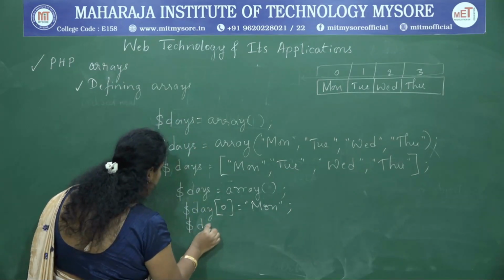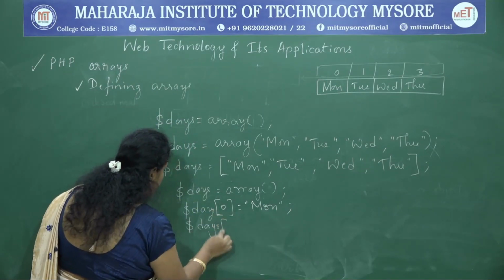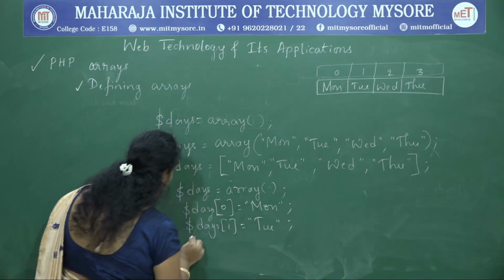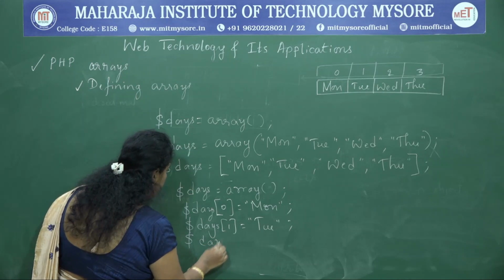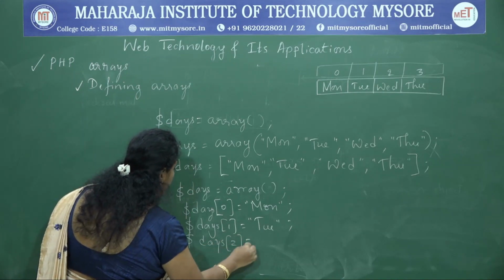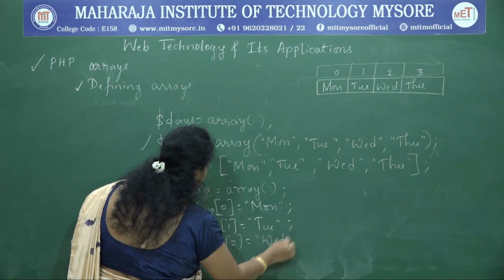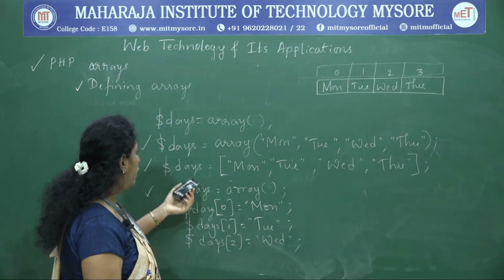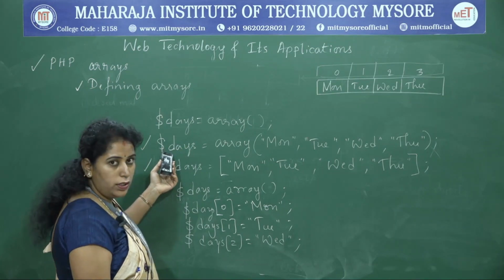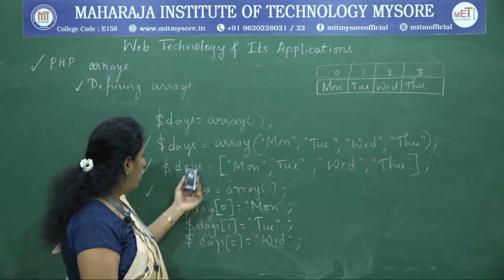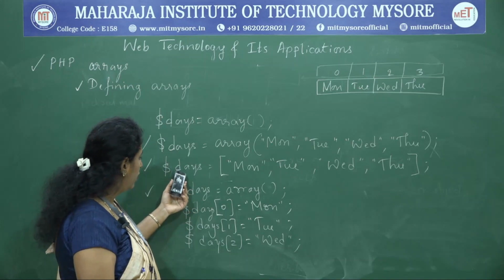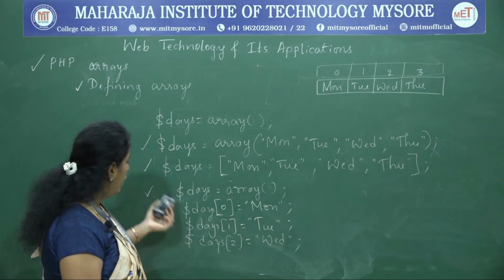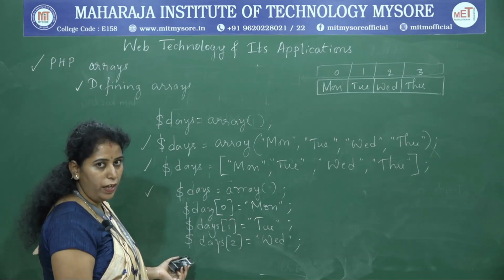Likewise, days in the first index, Tuesday, in the next index, Wednesday. Can you observe carefully that you can use this syntax to define an array, or else you can go for using this syntax. There is another possibility, alternative, that is to declare in this fashion.